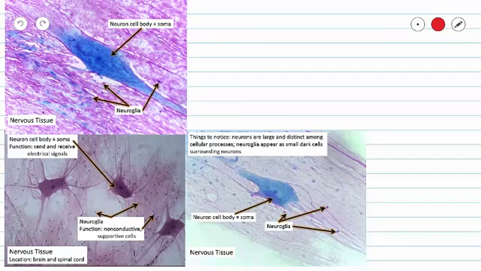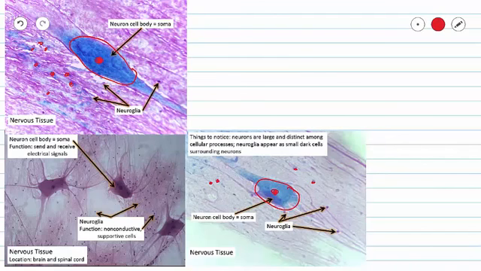Not all of our slides are going to look the same, but what we will be able to see in all of our slides is our neuron cell body, or our soma, very clearly with nuclei in the middle of there. And then we're also going to see our non-conductive supportive glial cells in all of our slides as well.